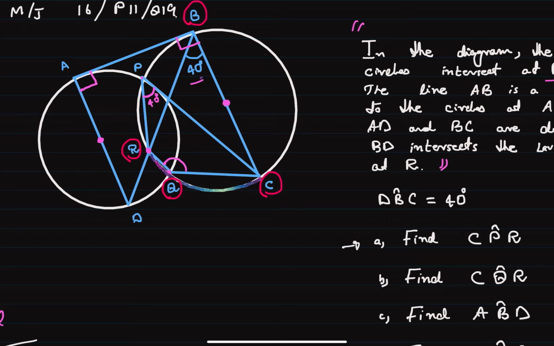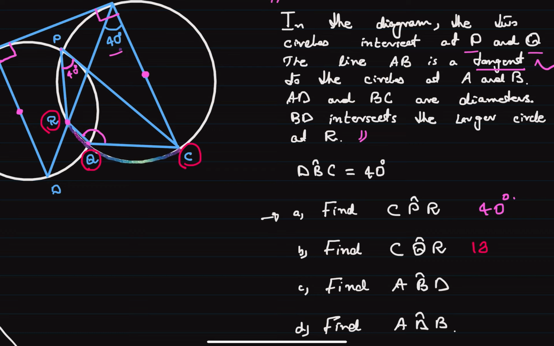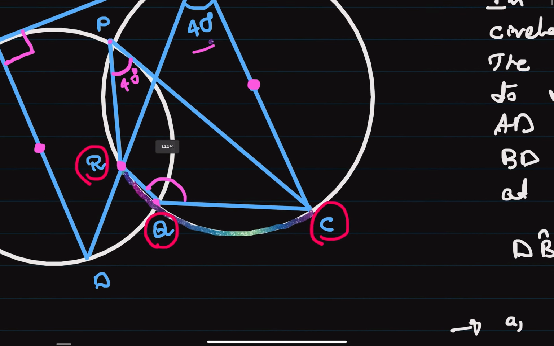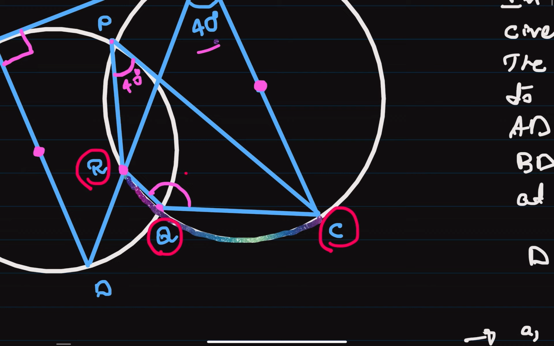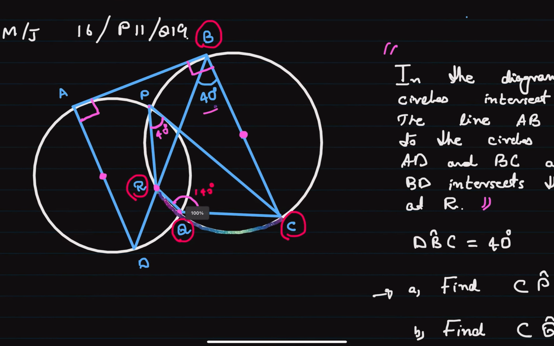And we know that in a cyclic quadrilateral the opposite angles are supplementary. So this angle Q should equal 180 minus 40, which is 140 degrees, right? Because opposite angles in a cyclic quadrilateral are supplementary.